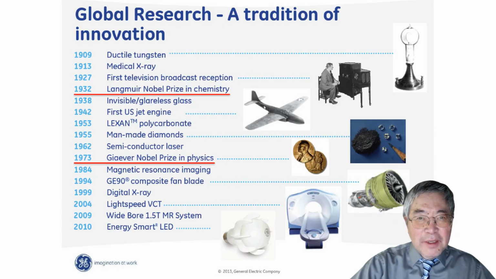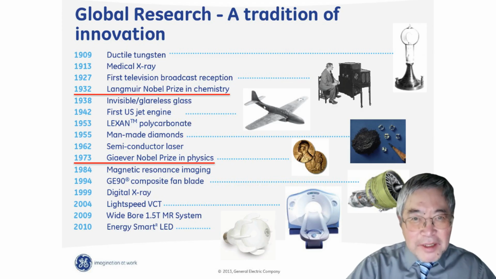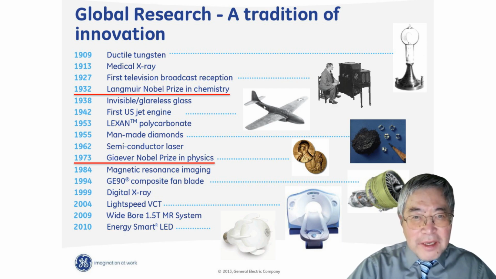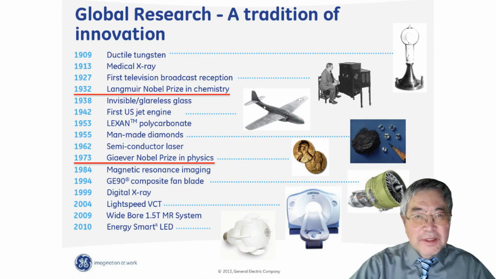Now within GE, one of the most important innovation engines is their Global Research Center. This is where long-term, high-impact R&D happens. Their record speaks for itself: 2 Nobel Prizes, major contributions to physics, chemistry, materials, energy, and of course medical imaging. In 1984, they played a critical role in the development of MRI systems.